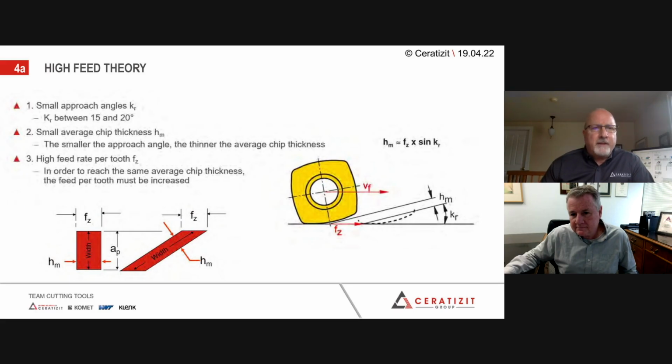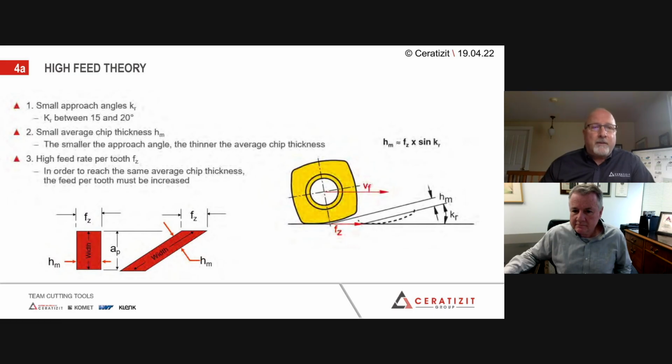As illustrated in the diagram, you can see that a 90-degree cutter has a thick average chip thickness. When you tilt the approach angle, the chip thins. So, given that an insert has a particular average chip thickness that it likes to operate in, if you've taken the approach angle down from 90 degrees to, say, 15 degrees, you've thinned that chip maybe by 80%.